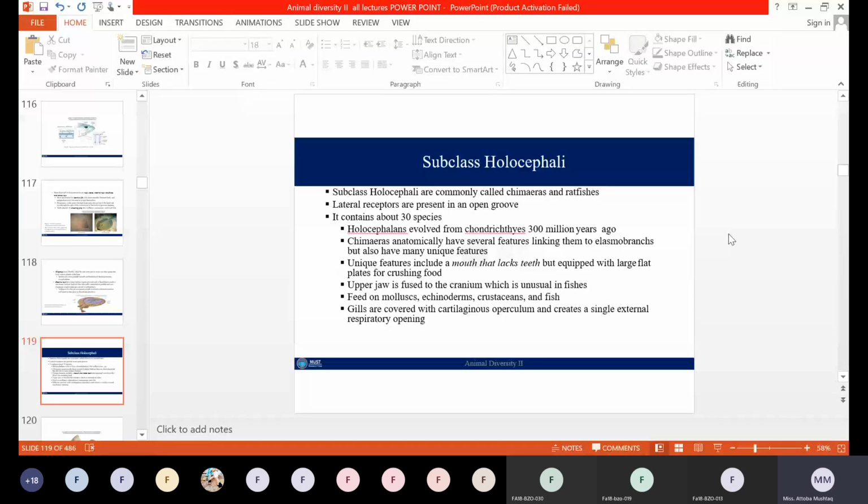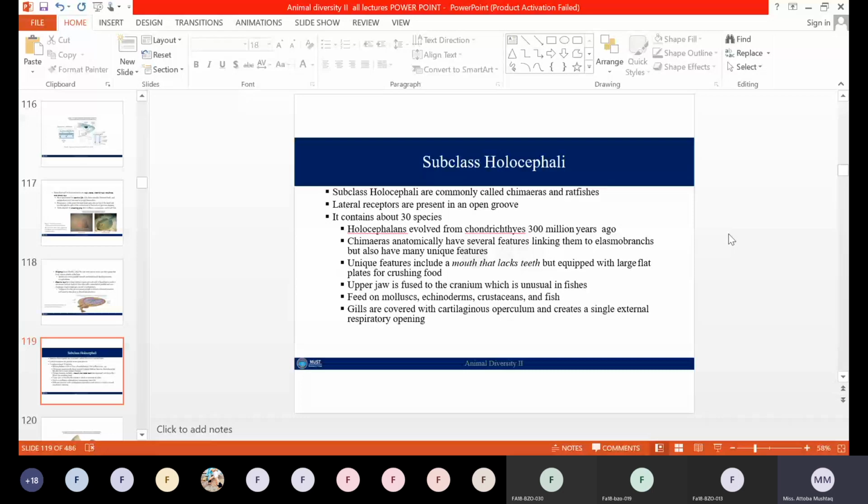Their teeth are modified into crushing plates. Their lateral line receptors are present in an open groove. Okay? This subclass contains about 30 species, and chimeras and ratfishes are included in this subclass.